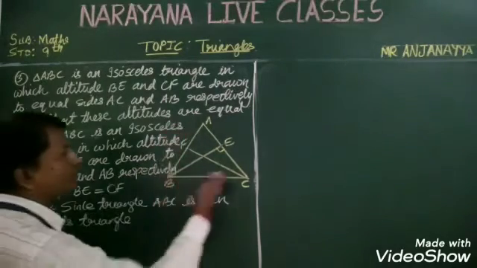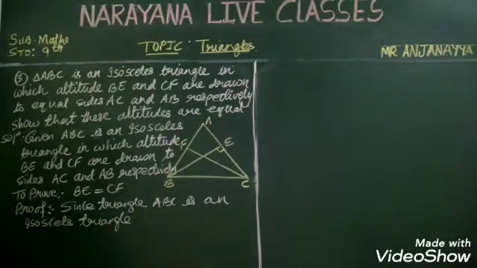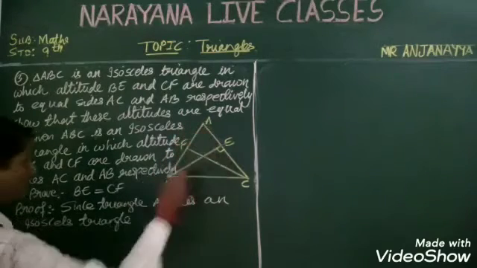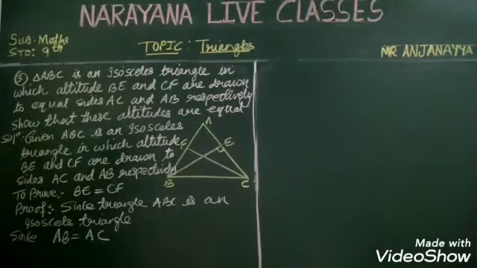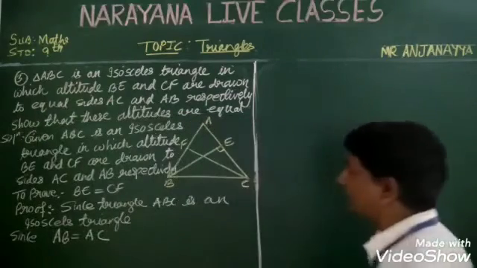Now since we know triangle ABC is an isosceles triangle, they had given which two sides are equal? AB is equal to AC. Now since AB is equal to AC, if two sides are equal, the angles opposite to them are equal.